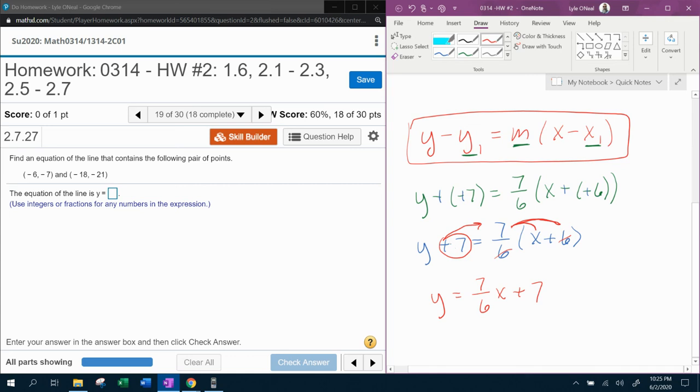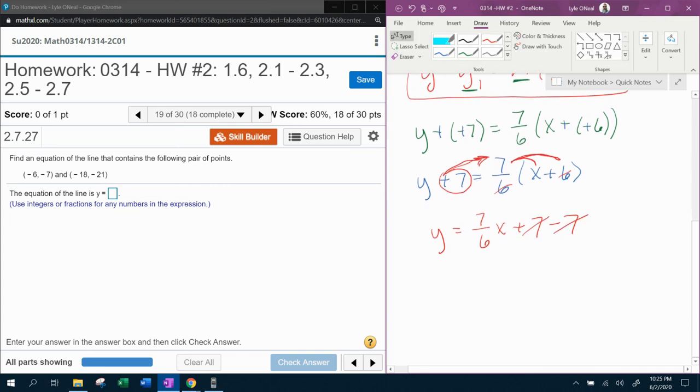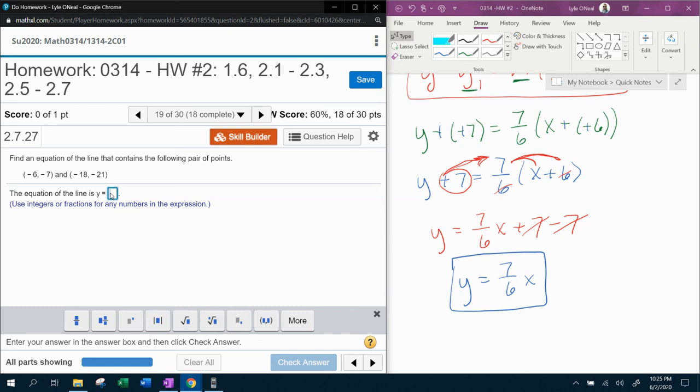And then the plus 7 comes over and turns into -7. Oh, and look at that. Plus 7 minus 7 cancel. So our answer is going to simplify nicely to just y equals 7/6 x. And so let's see if that is correct. 7/6. Don't forget to move over to put the x to the side.